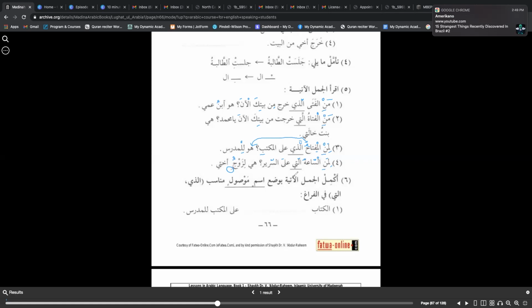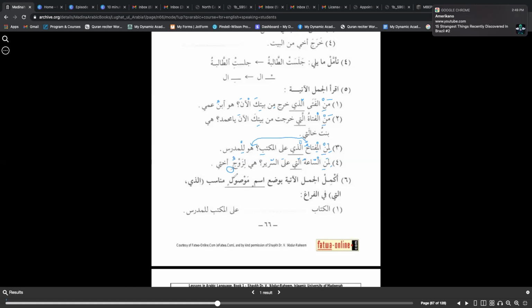أكمل الجمل الآتية بوضع اسم موصول مناسب (الذي، التي) في الفراغ. So it's saying complete the following sentences by placing the suitable ism mawsul. So ism mawsul, as you could probably figure out by what they put in the parentheses, is alladhi and allati. Both are ism mawsul. Mawsul means connected.